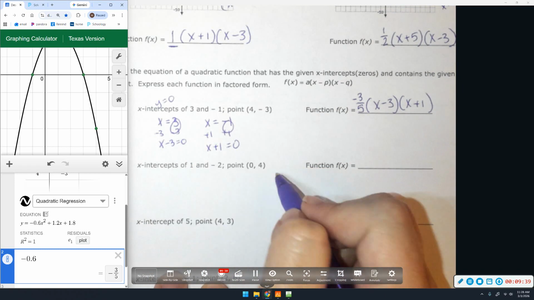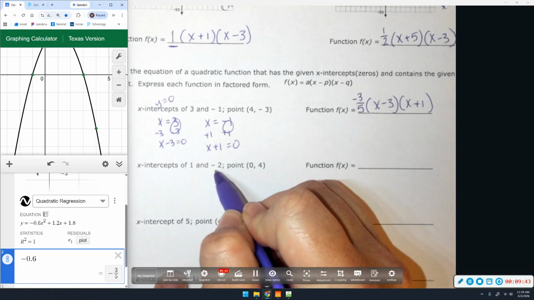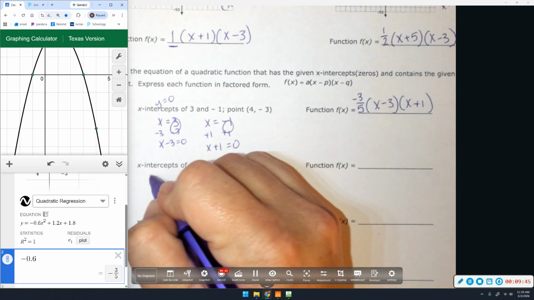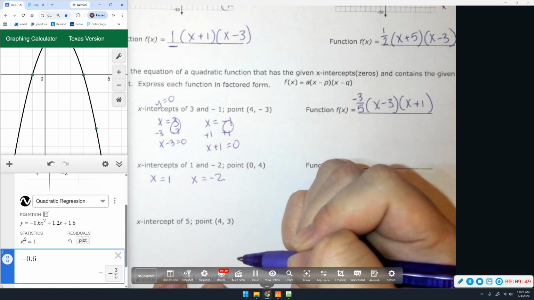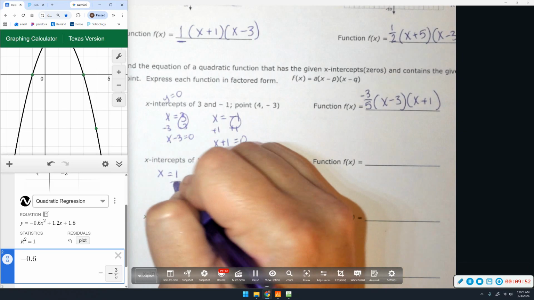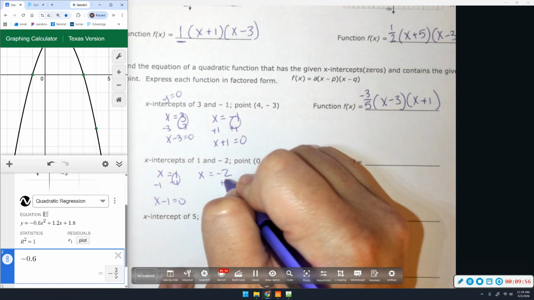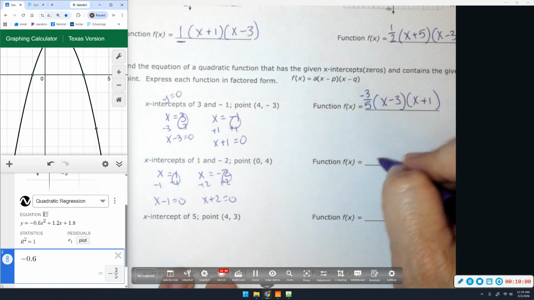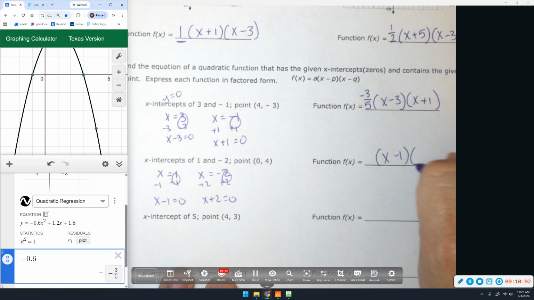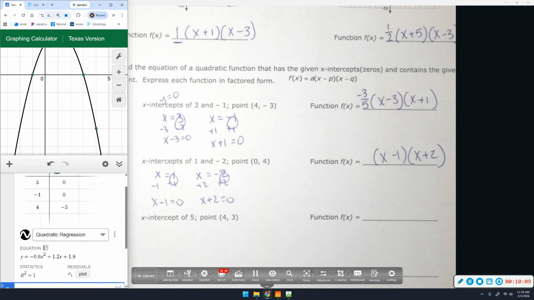You put all 3 points in the calculator. Remember, this is a point and this is a point. You have to use 3 points.